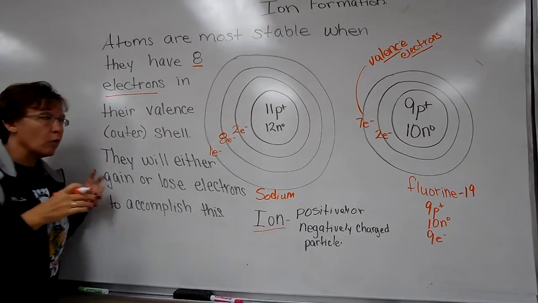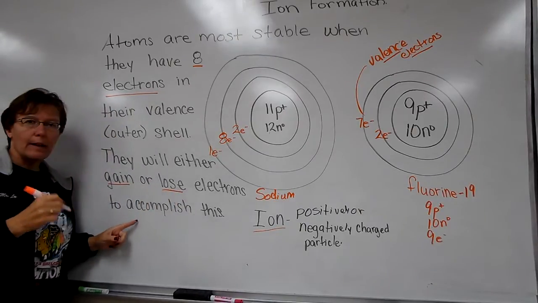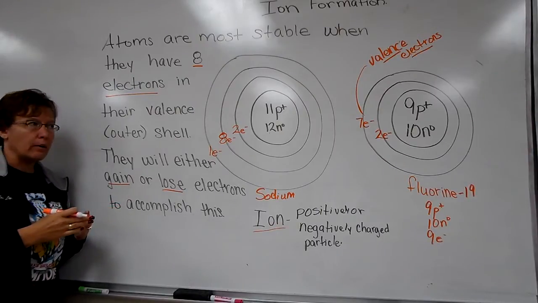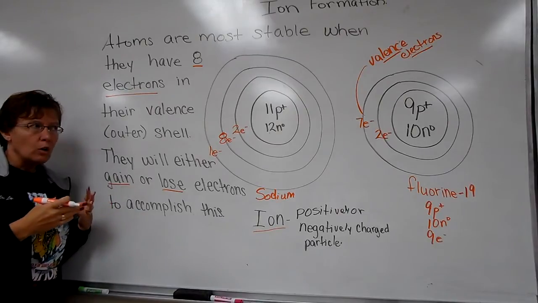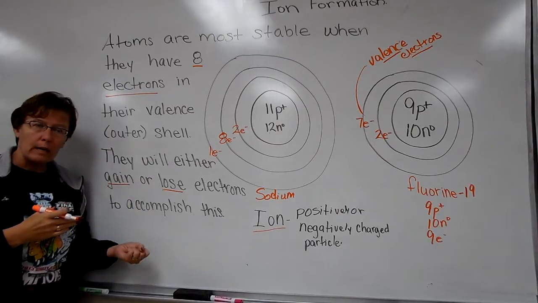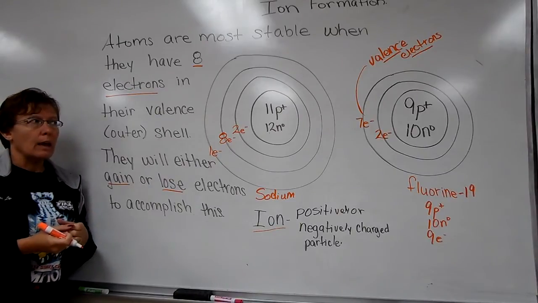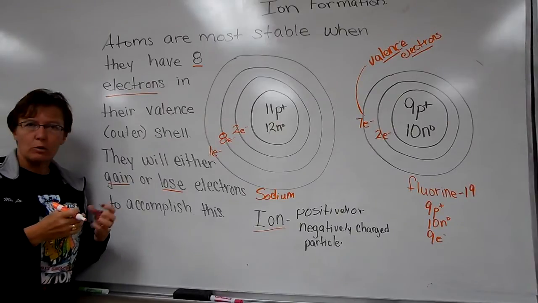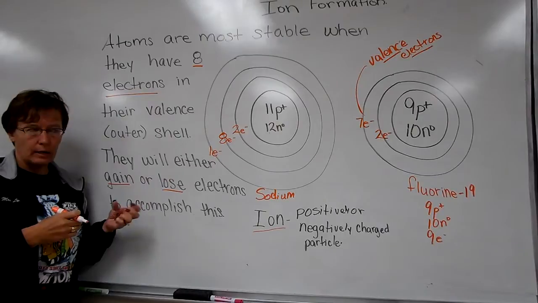So they are going to want to gain or lose electrons in order to get 8 electrons in their outer shell. So what we have to look at is, are they going to gain electrons or are they going to lose electrons? And we have to think about what's going to be easiest, because atoms are always going to take the easiest way to get to 8.